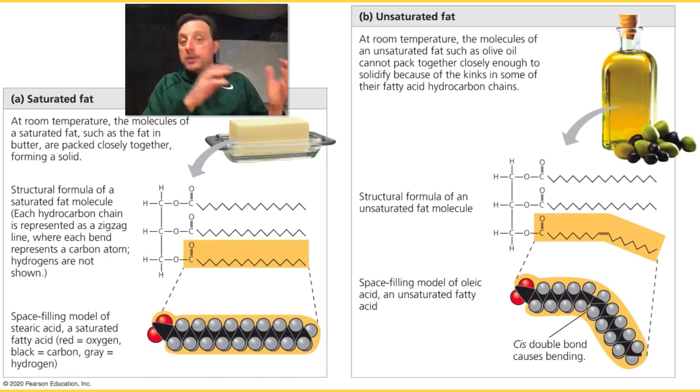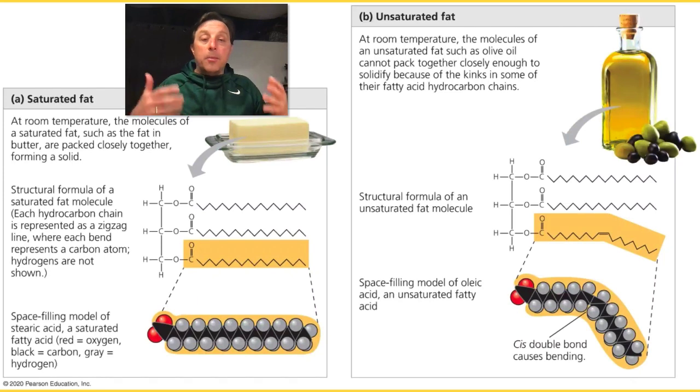In an unsaturated fat, over on the right, like olive oil, there are these double bonds. The carbon cannot rotate freely around that double bond, so the molecules have this little kink in them, that little bend. So the fatty acid tails can't pack together so tightly. This keeps these unsaturated fats liquid at room temperature, so things like vegetable oil or olive oil, as is in the picture there.